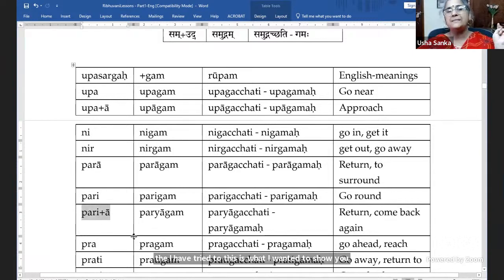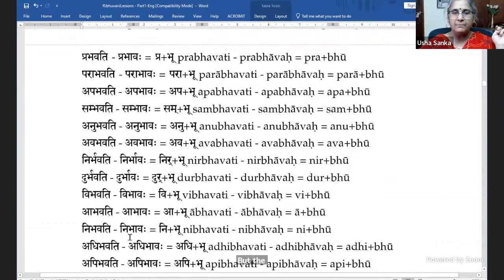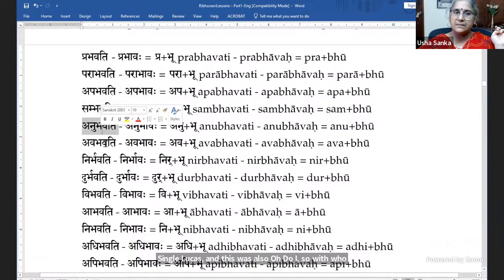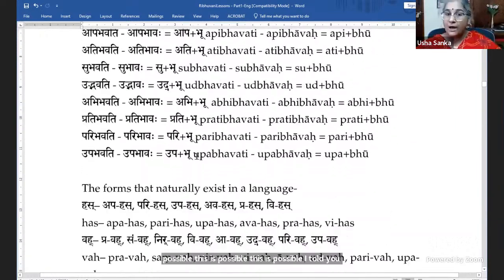You see, there are two upasargas here. For the bhu dhatu I showed you, I had put all the single upasargas. This was also a trial one. So with bhu all these are not possible. This is possible, this is possible. I told you these are the existing ones in the language. They exist in the language, but not all exist.